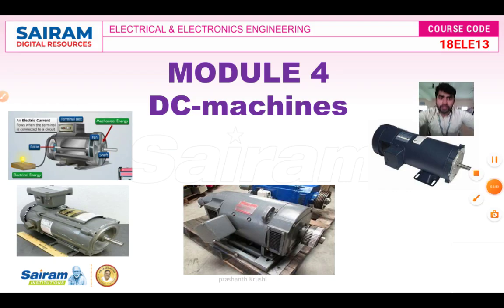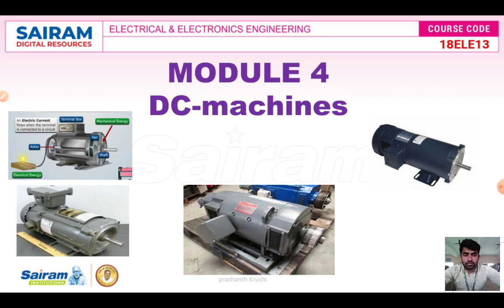So, DC machines, module number 4. As you can see in the diagram, this is a brushless DC motor, shunt motor, series motors and all. I have taken the picture from the laboratory. The fan is for cooling purposes, and the yoke is the outer core of the machine. We also give the mechanical input, that is, a turbine or whatever, and the lamp will be glowing over here, right?